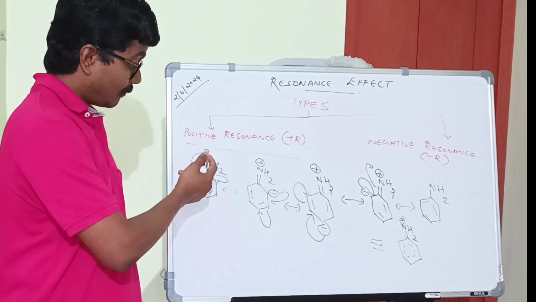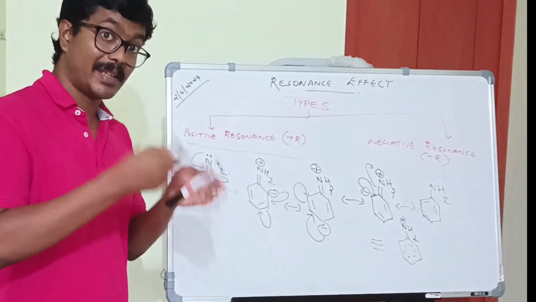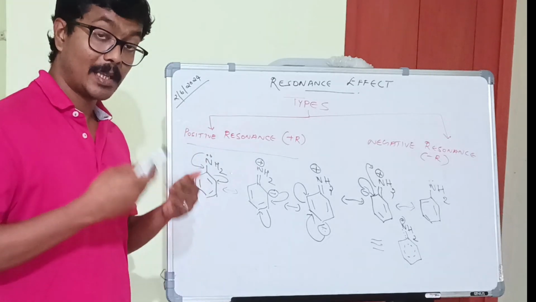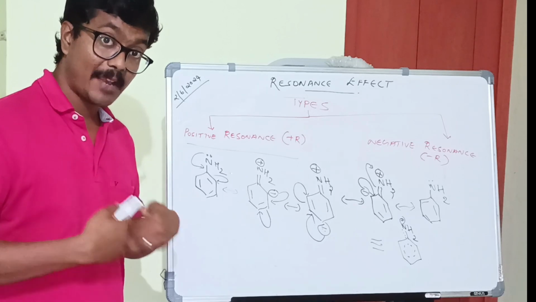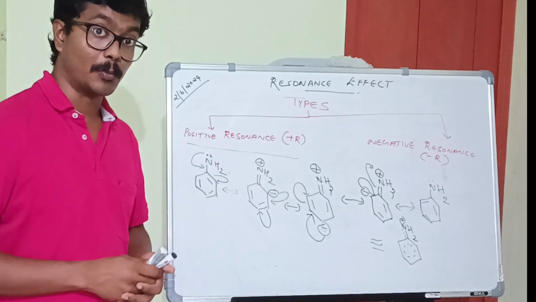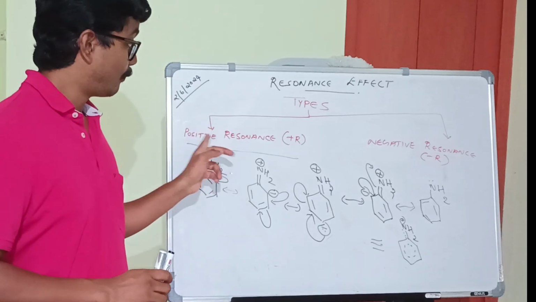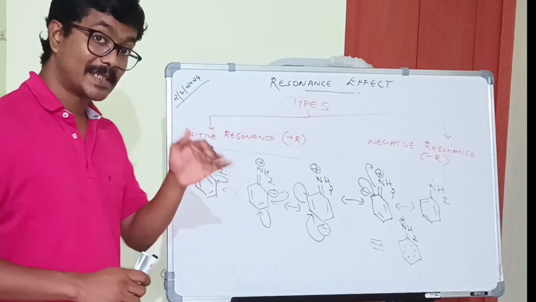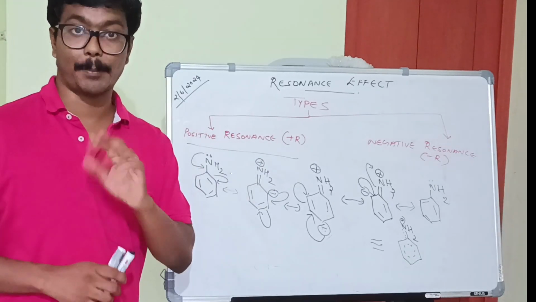The lone pair will donate towards the benzene ring or an aromatic compound. The electron density is moving away from the substituent group. Such kind of resonance is called positive resonance. When the substituent group has a lone pair of electrons, positive resonance will happen.